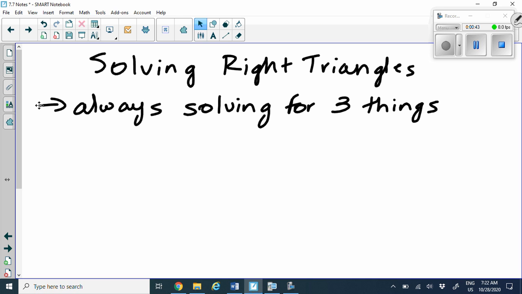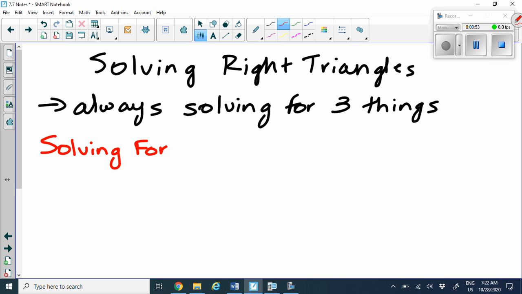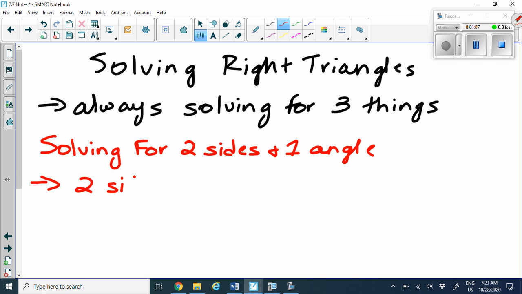Okay. If we are solving for two sides and an angle, this is what we'll have to do. Okay, so solving for two sides, what we will have to use are trig ratios.